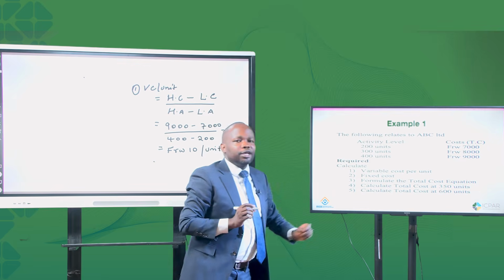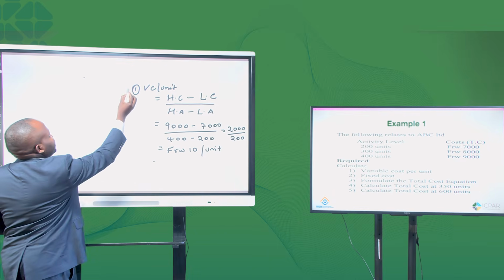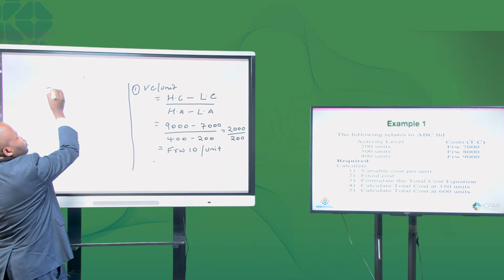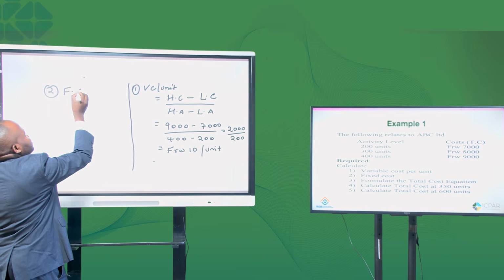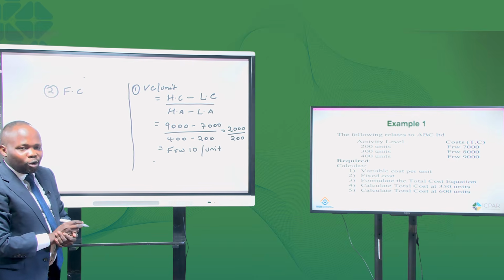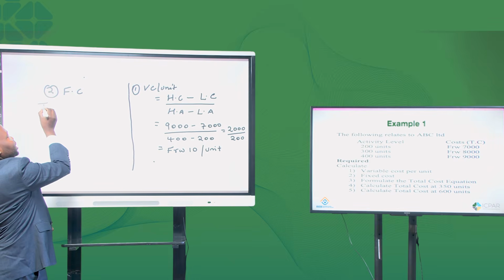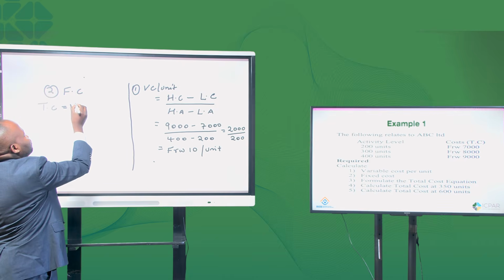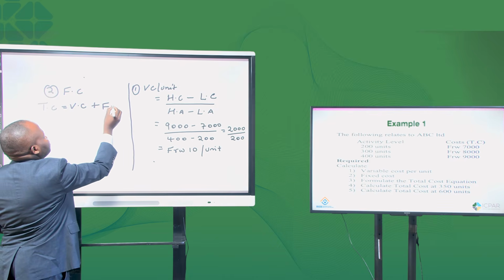Requirement number 2 is to calculate the fixed costs. Now there is normally a function that tells us that total cost is equal to variable cost plus fixed cost.